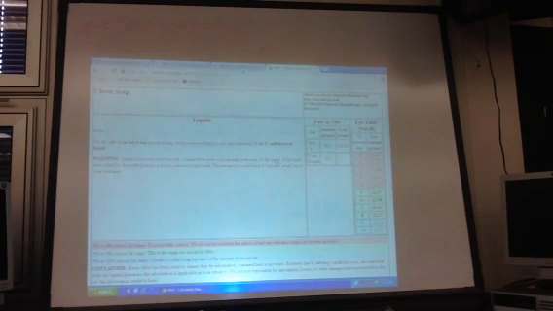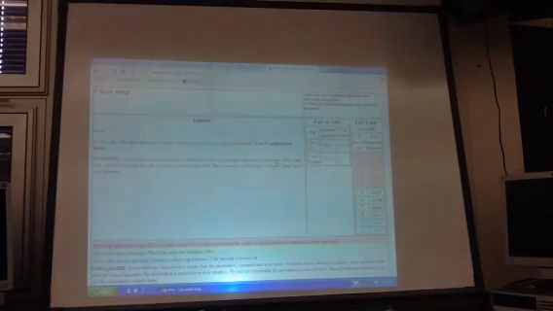Now, the only calculation that you are responsible for Monday, unless you didn't get the pre-lab calculations done to my satisfaction, is if you look at the procedure, number one, you have to calculate the volume of olive oil that you're going to be using. So on this page, you're going to calculate the volume of olive oil given the density of olive oil.